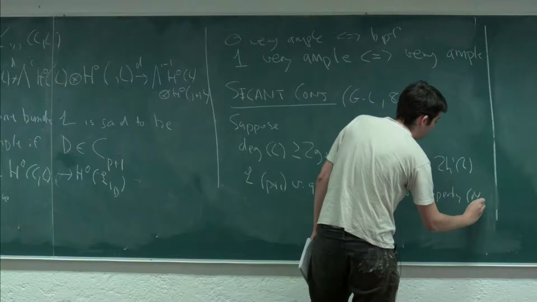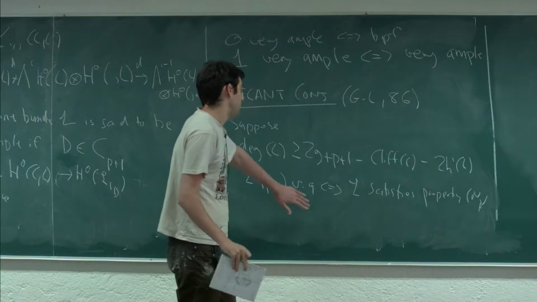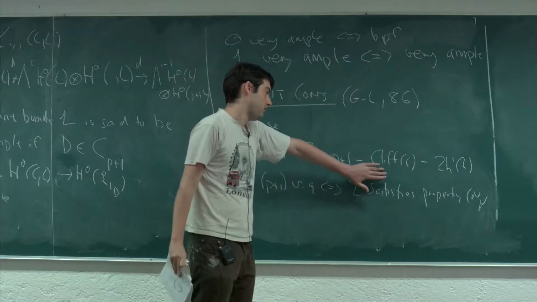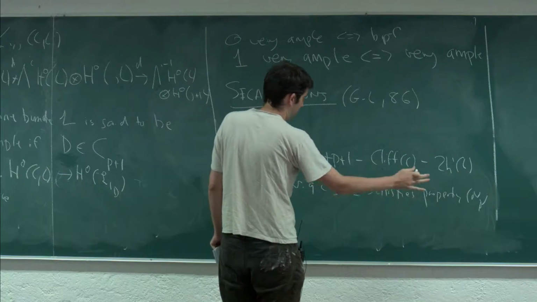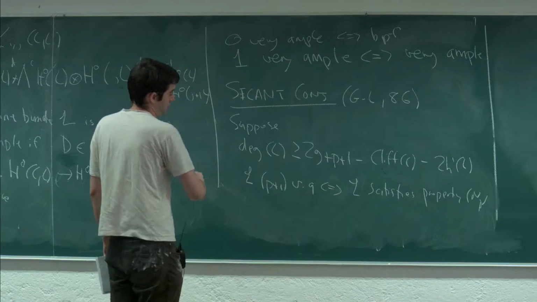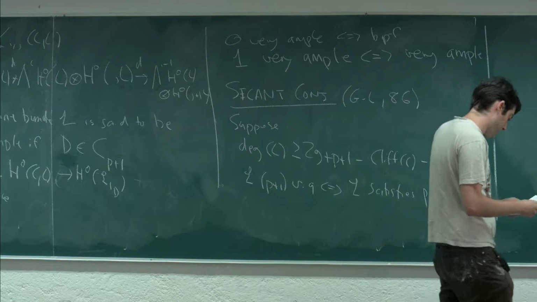So as long as the degree is large enough with respect to p plus 1 and natural invariants on the curve, then you can characterize property N_p in terms of this positivity condition, the (p plus 1)-very ampleness.